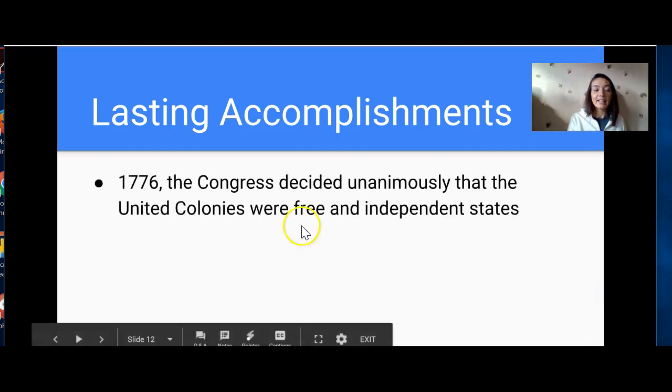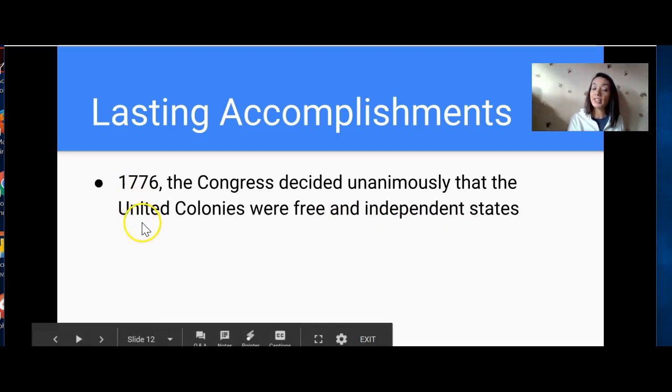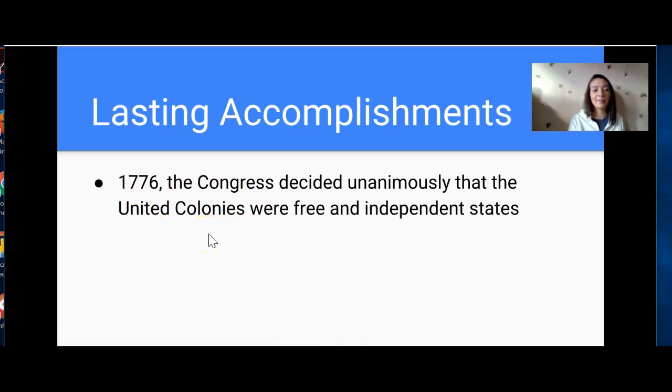Okay. In 1776, Congress decided unanimously. So unanimously is everybody, 100%. Nobody said no. But they decided unanimously that the United Colonies were free and independent states. So United Colonies is going to turn into the United States of America.